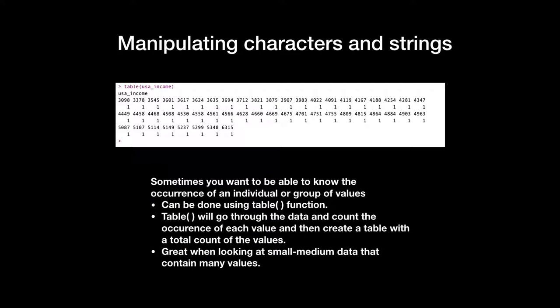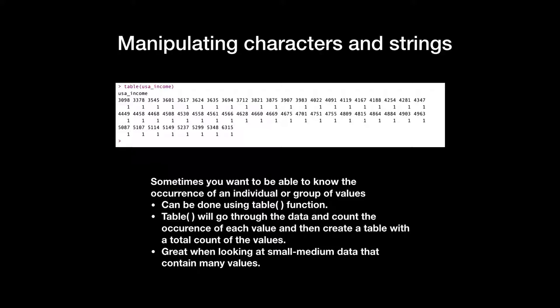So just moving on with manipulating characters and strings, sometimes you want to know the occurrence of an individual or group of values. More than likely, you've probably seen this in the past in introductory stats. This is one method to get the mode of a data set. What you can do here is use the table function.